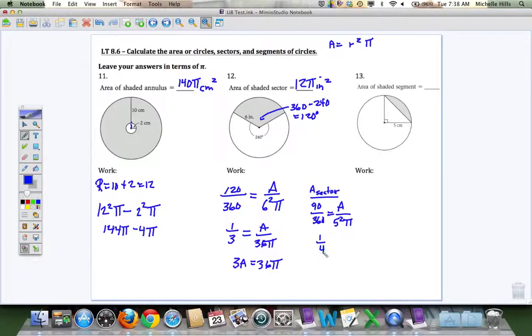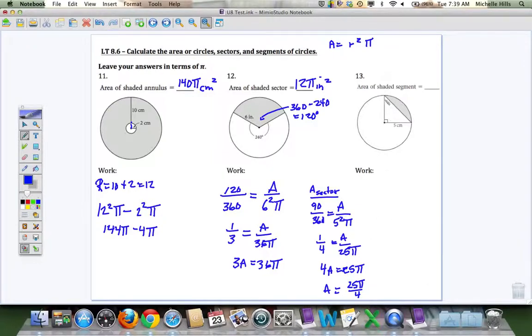So 1/4 equals a over 25 pi. Cross multiplying gives me 4a equals 25 pi. So a equals 25 pi over 4. Just divide both sides by 4.